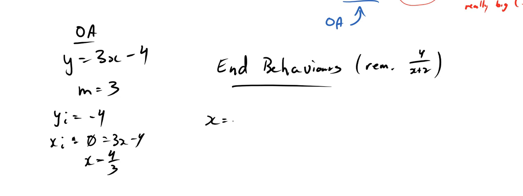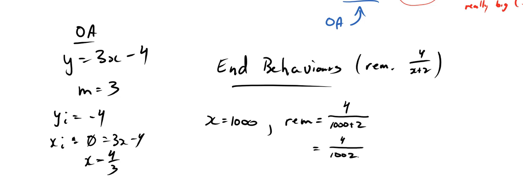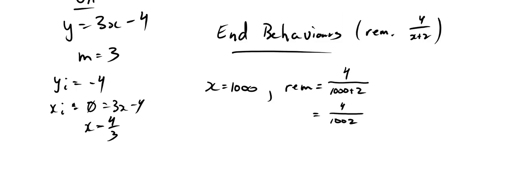So when x is 1,000, our remainder is 4 over 1,000 plus 2, which, you don't have to show all these steps, but just for clarity for us, is 4 over 1,002, which is, who cares, but positive.